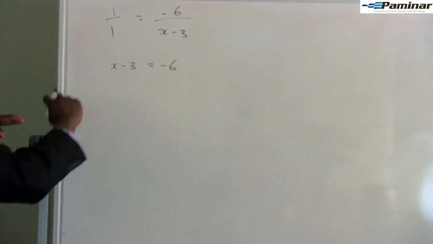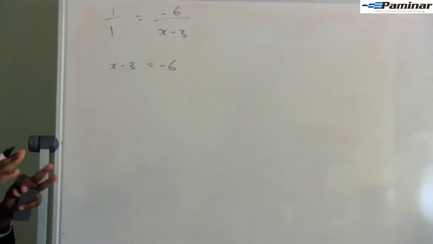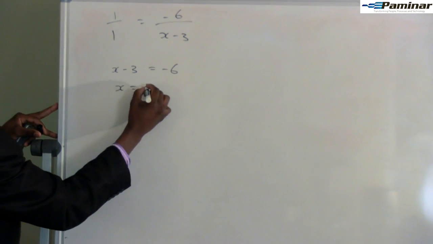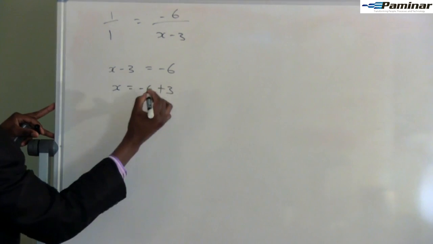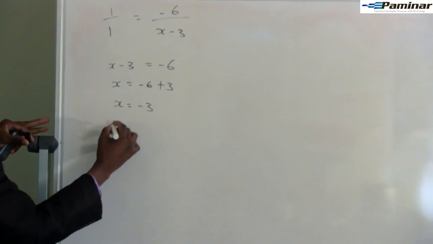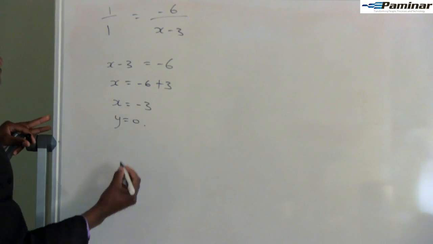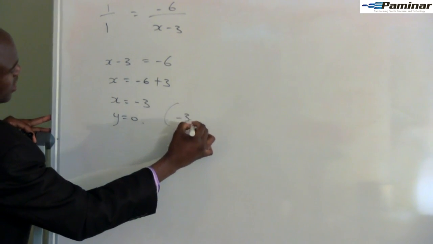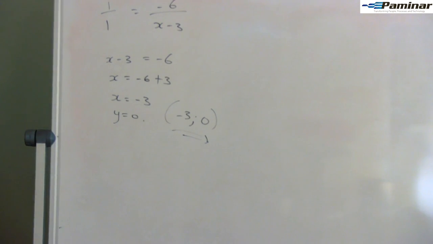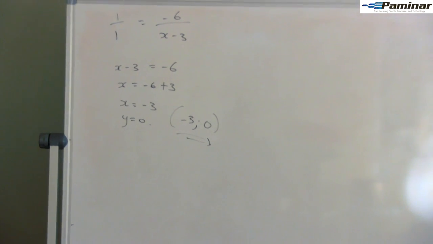Group like terms: the 3 goes to the other side, so x is equal to minus 6 plus 3, which is minus 3. So these are the coordinates: minus 3 and 0. Done. Pretty easy.